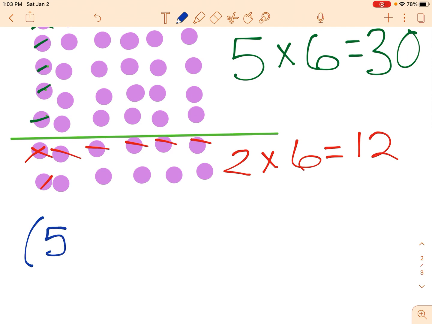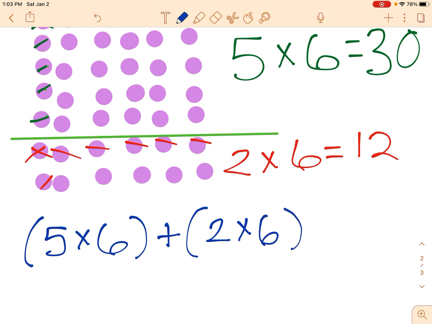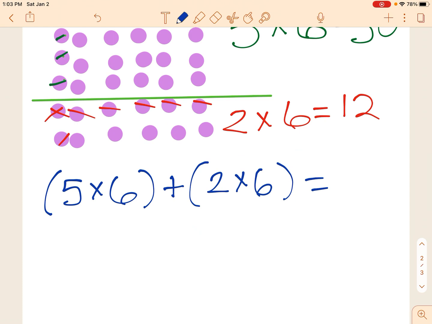I'm going to write 5 times 6 plus 2 times 6 equals, and then I'm going to move down. 5 times 6 is 30 plus 2 times 6 is 12 equals, and what is 30 plus 12? Good job, 42.